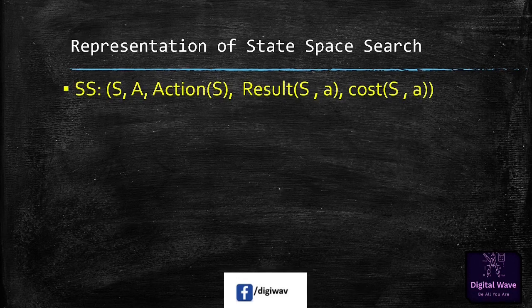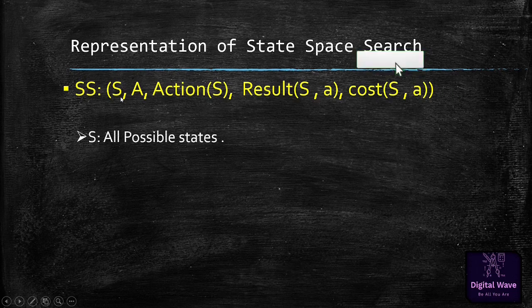After that, the representation of state space search. There is an equation by which we can represent this method. Here the double S denotes the state space, and this S tells about all possible states of any problem.